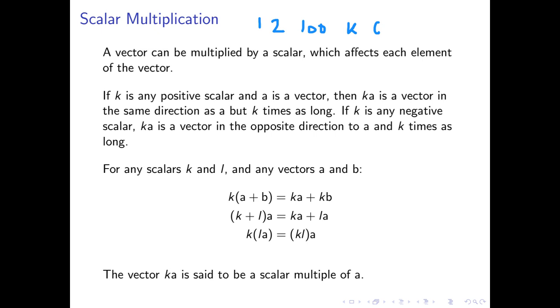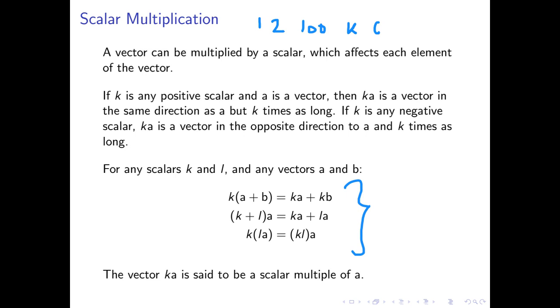Basically, when we do this, it's going to affect each element of the vector. And from these equations, let's look at how that happens. Suppose we have vector A and B, and we're performing addition between those two vectors.